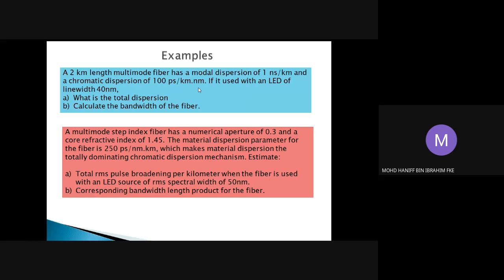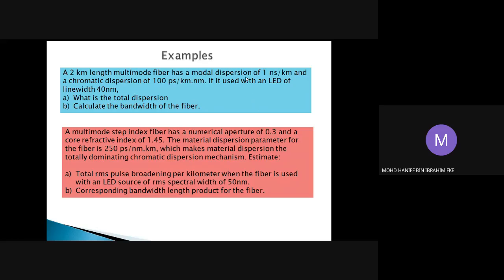If it is used with an LED of line width 40 nanometers, number one, what is the total dispersion? This is based on the equations that we have seen before. And number two, calculate the bandwidth of the fiber. To calculate the bandwidth, you have to rely on the bitrate equation that we have seen before.